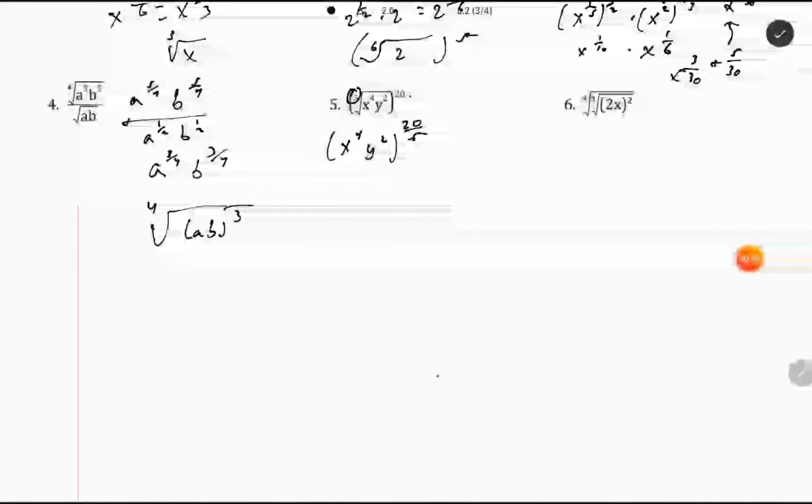So that makes it a lot easier, because that's x to the 4th y squared to the 4th. My pen is not working well. Okay, I was able to reduce the fraction. That makes it a lot easier. Now this just becomes x to the 4 times 4, which is 16, and then y squared to the 4th is 2 times 4, which is 8. Done.